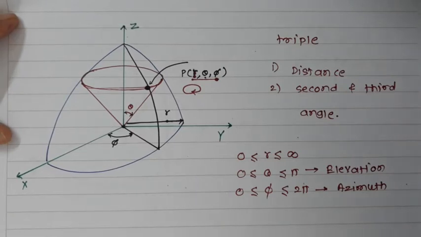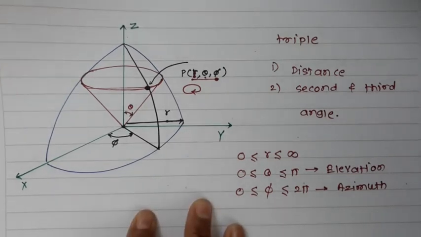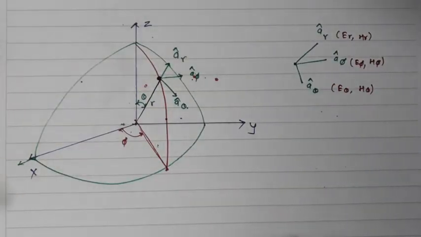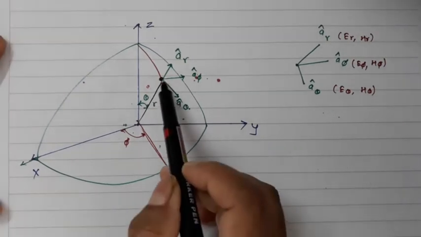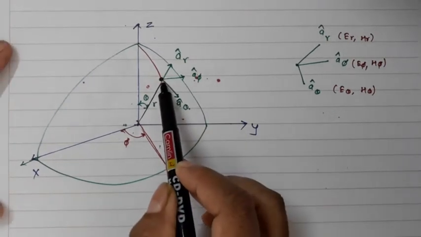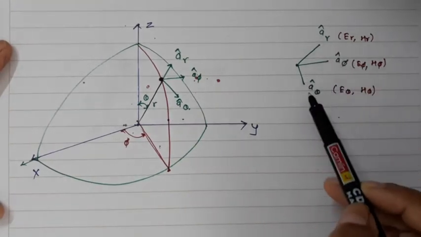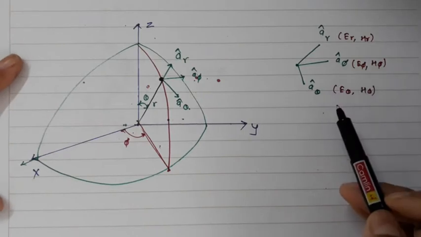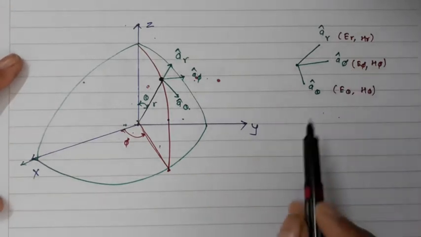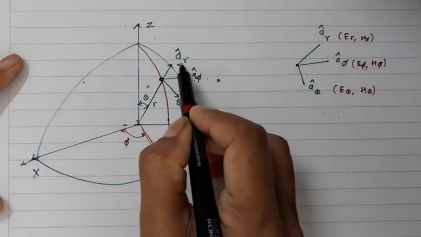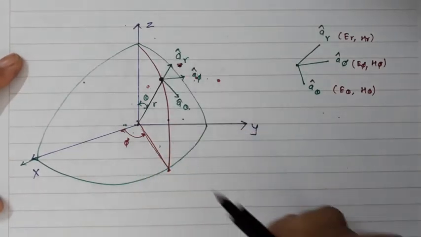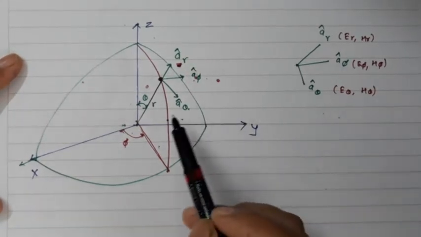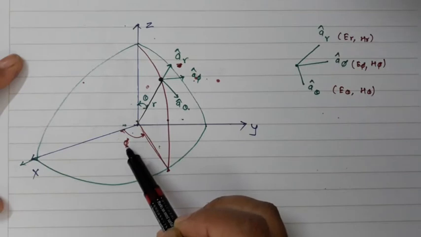Now if I am talking about this point P, how will this particular point be resolved further? You can see here this is the point P. Now the 3 unit vectors are AR, A theta and A phi. The 3 unit vectors of the spherical coordinate system are shown in this figure. The unit vector AR lies along the radially outward direction to the spherical surface. It lies on the cone, where theta and phi are both constant.